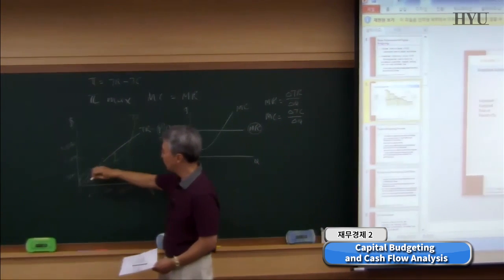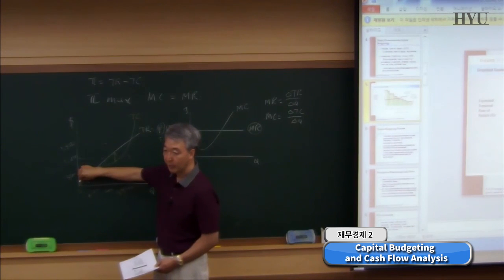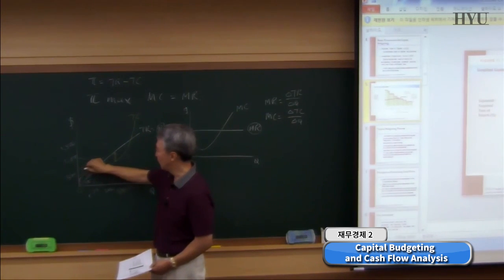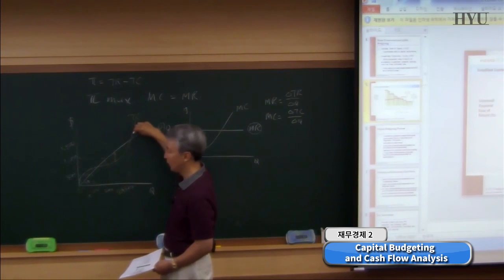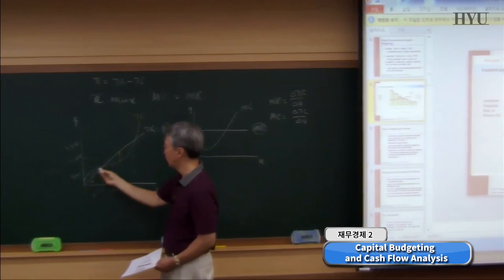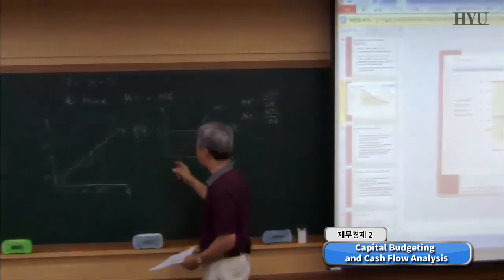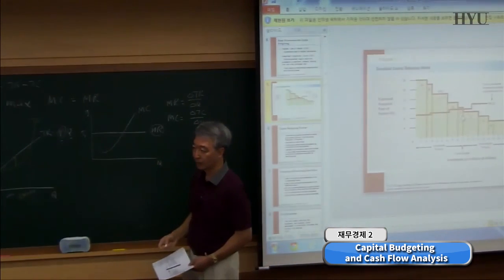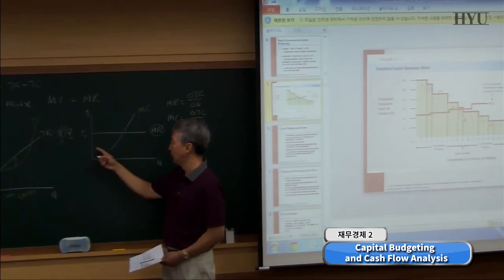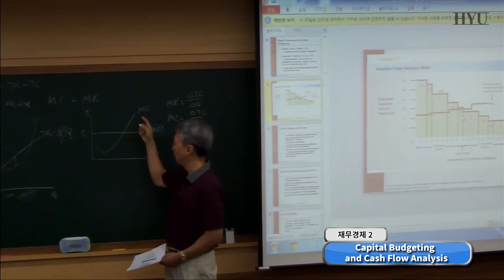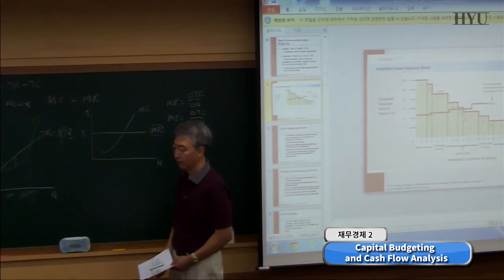And apparently it is a little steep in the beginning, but it becomes flatter and flatter, and then it becomes steep again, right? The slope of the total cost curve. So that's why we have a marginal cost curve like this. It's a little high, but then it achieves a minimum here, and then it grows, okay?